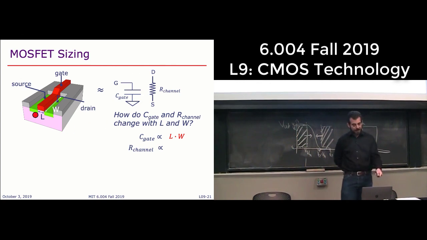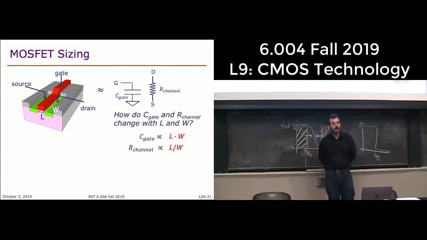If I just have a slab of material, and current is flowing between these two points, the wider it is, the lower the resistance is going to be. And I want this length to be ideally very short, because the longer the distance between these two points, the more resistance I am going to have.